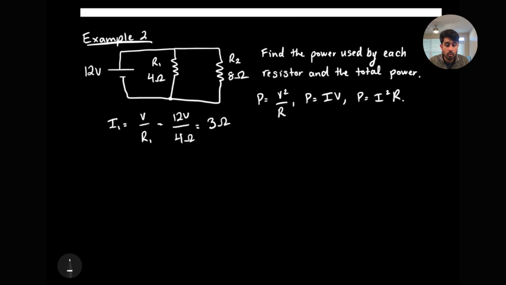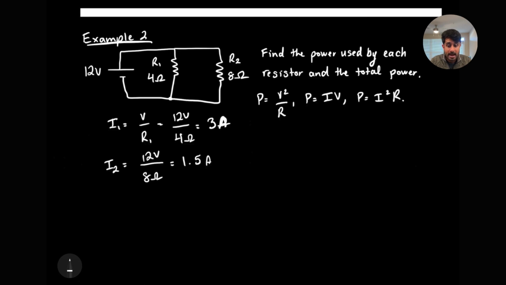This is a simple Ohm's law equation. Next, if we calculate I2, this is going to be equal to 12 volts over 8 ohms, which is going to be equal to 1.5 amps. I accidentally wrote amps here, not ohms.